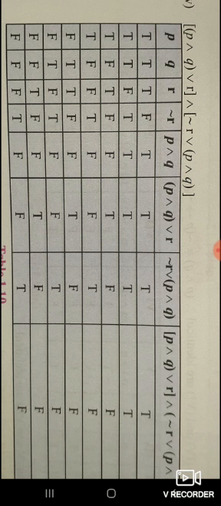So near about 8 sums are in the second exercise, sum number 1. 10 sums are given. So for all the 10 sums, before you go for the truth table, just refer to the truth tables of AND, OR, negation, conditional and biconditional. Wish you all the best.